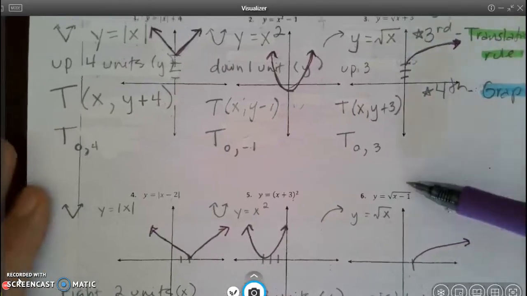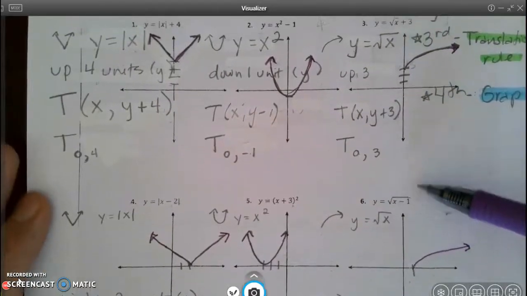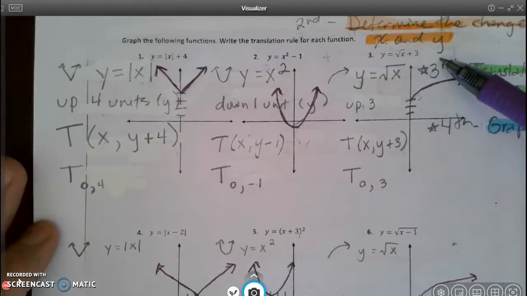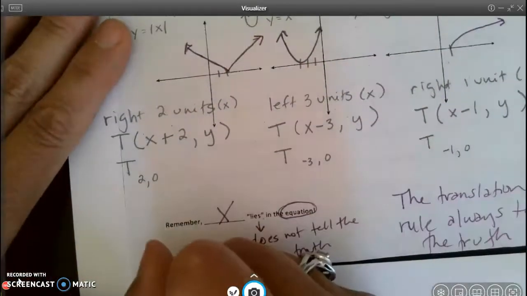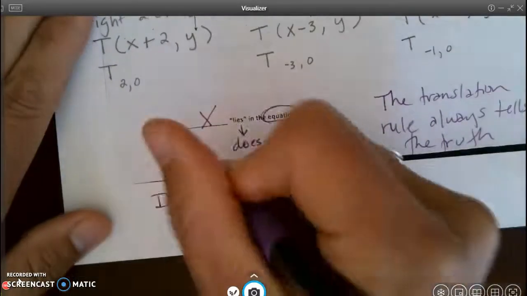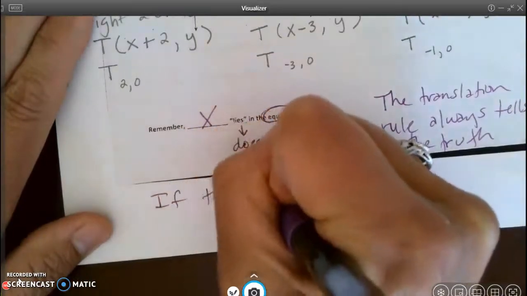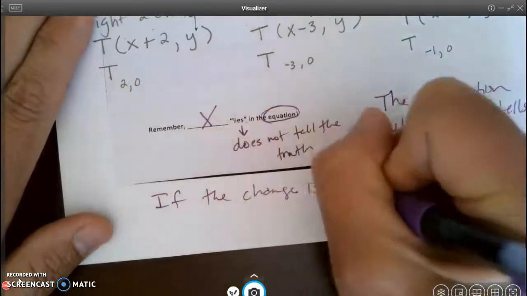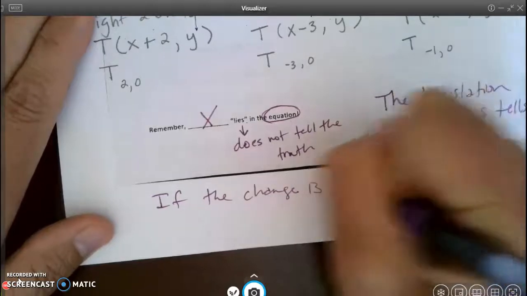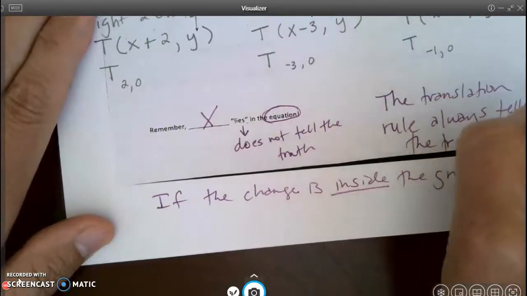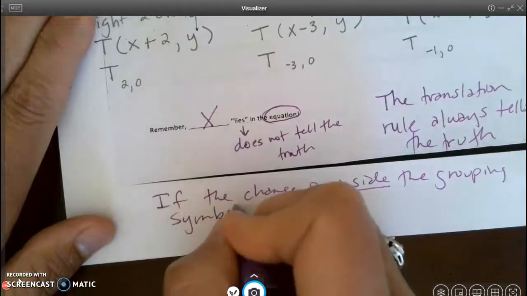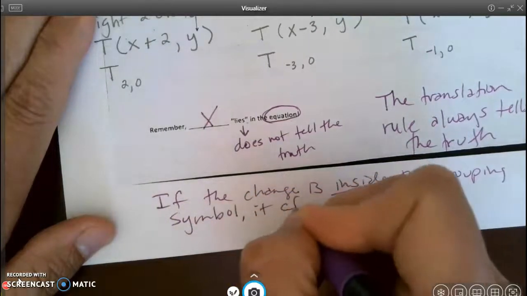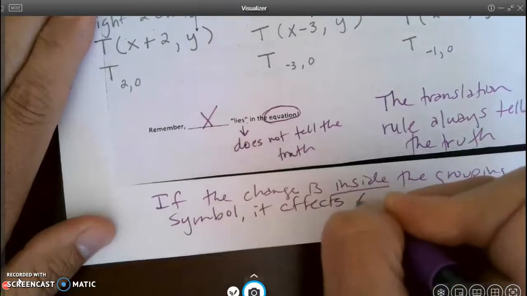So I want you to notice the difference between 1, 2, and 3, and 4, 5, and 6. It affects x when it's in the grouping symbol with x. It affects y when it's outside of the grouping symbol. So if the change is inside the grouping symbol, it affects x.